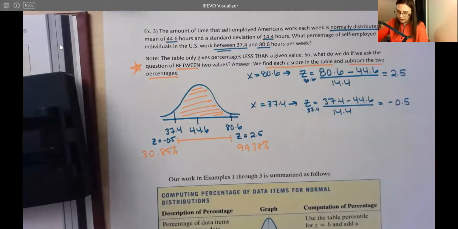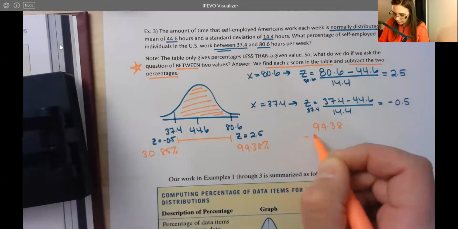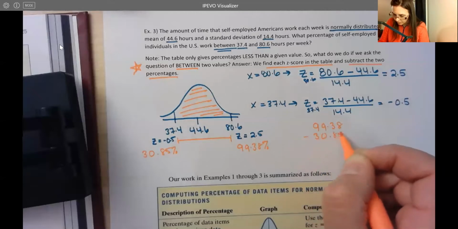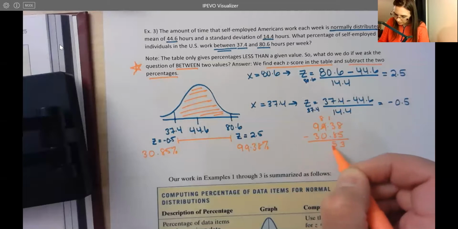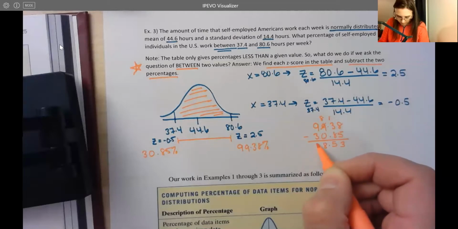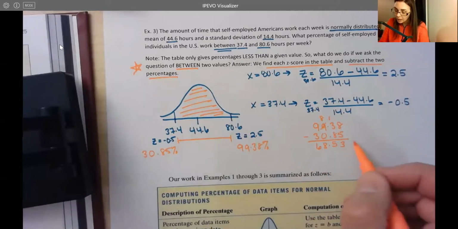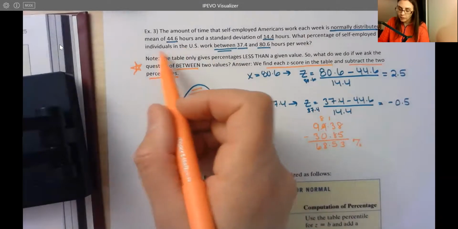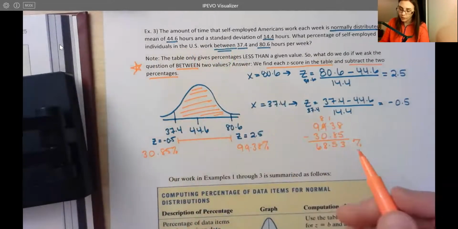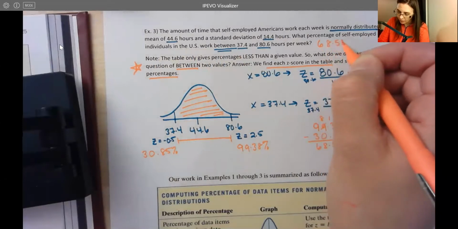And then I'm going to subtract these two values, and I get 68.53. So what percentage of self-employed individuals in the US work between 37.4 and 80.6 hours per week? The answer is 68.53%.